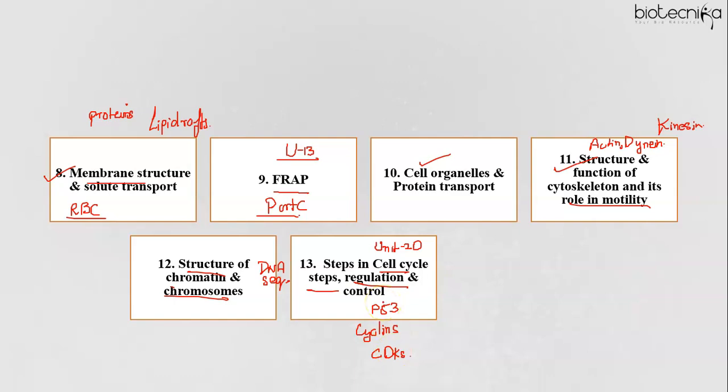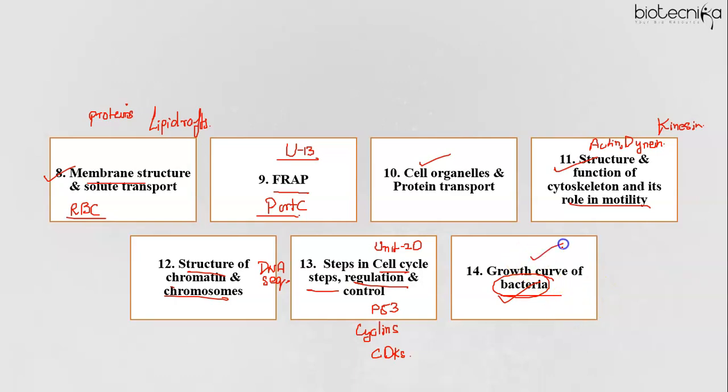Even one should expect questions based on microbial growth kinetics. Numerical questions can be asked, or sometimes match the following type questions are asked about the growth conditions of bacteria, like they give you terms like acidophile, thermophile, and they give you the examples and ask you to find the correct combination. Questions on growth curve, like figure based questions, are also asked based on bacterial growth kinetics.